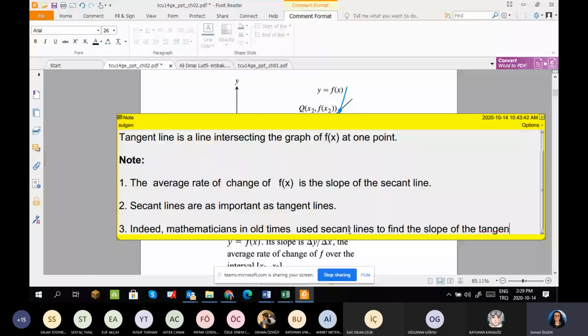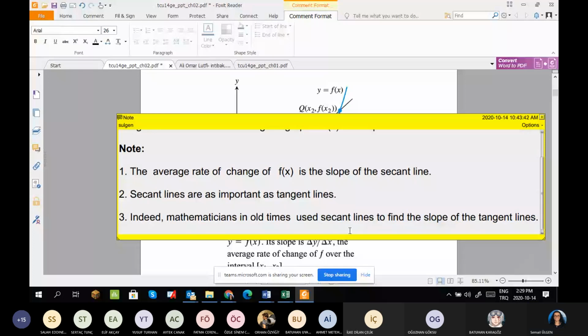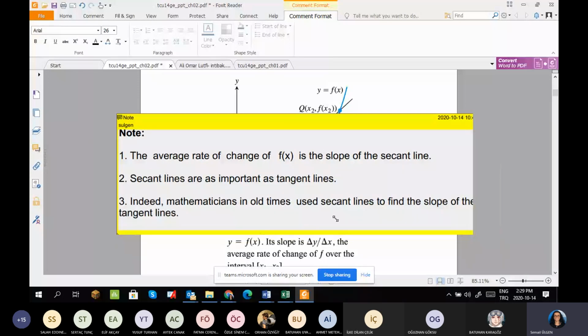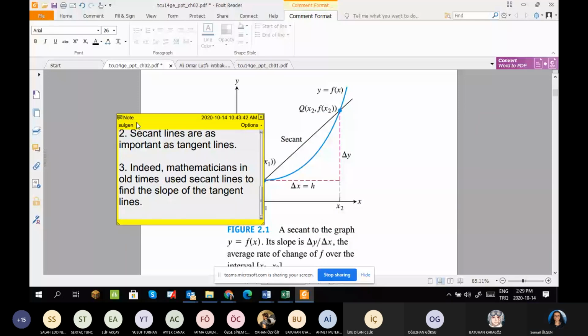If you know the slope of the secant lines, then you can easily find the slope of the tangent lines. But you won't be able to find the tangent lines in any other way. You need the secant lines. That's where it started.